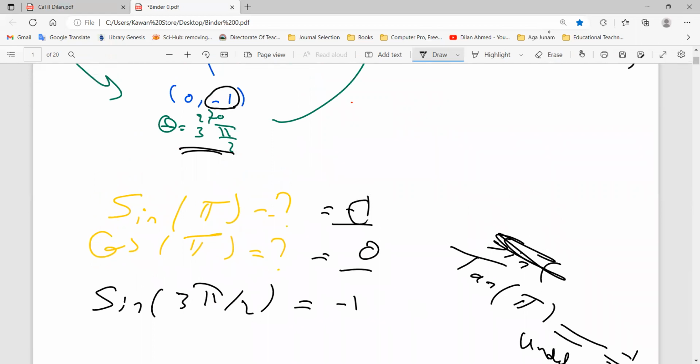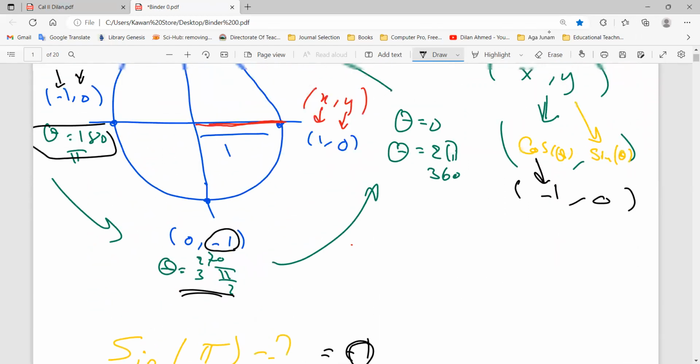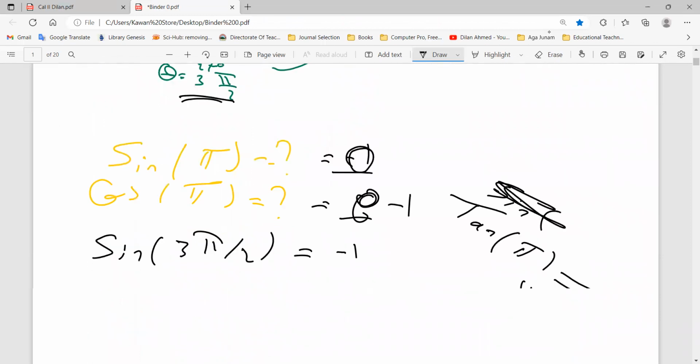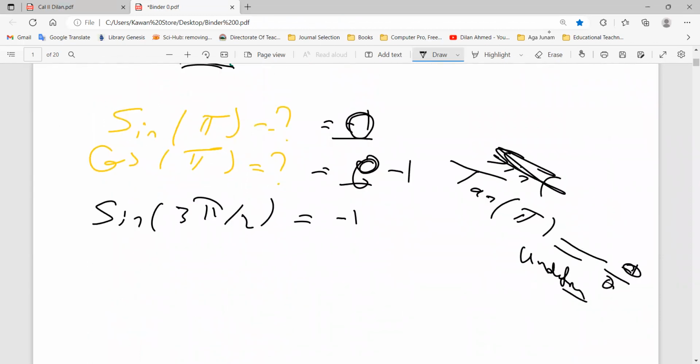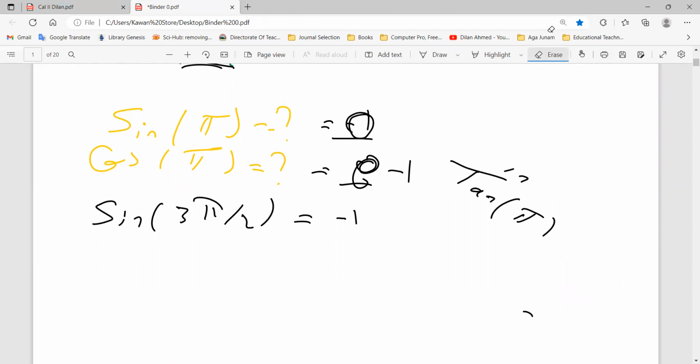No. That one is 0. Look here, so be careful. That one is cosine and sine. So here's 0, and here is negative 1. So I will get 0 over negative 1, then the result will be 0, not undefined. So be careful when you are going to use the x and y axis. Do not mix between them.